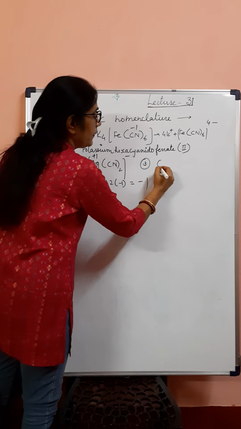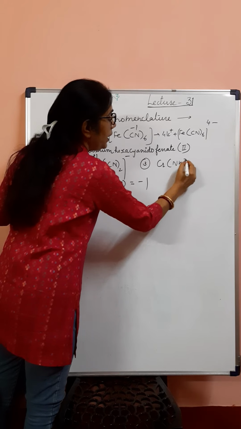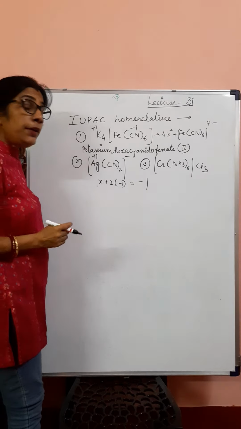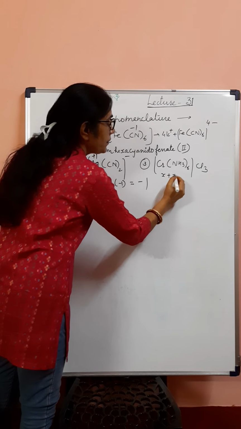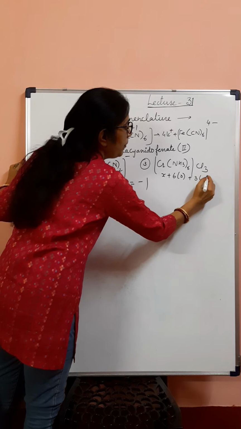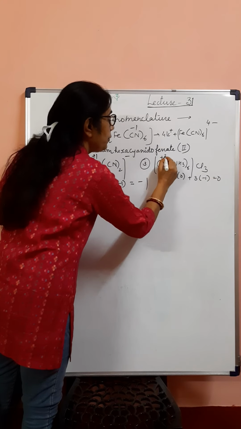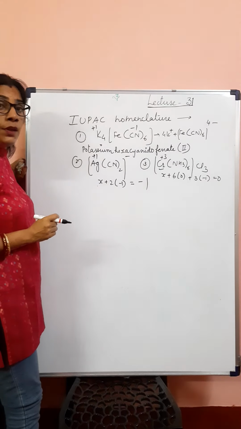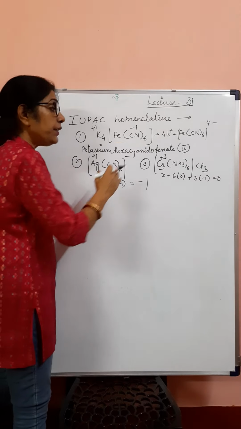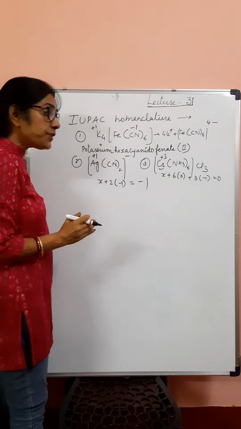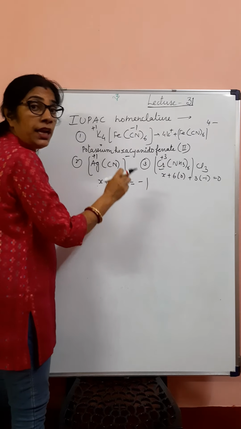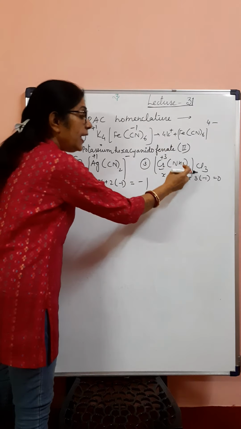Now, [Cr(NH3)6]Cl3. Now you see here X plus 6 into 0 plus 3 into -1 is equal to 0. Then chromium becomes +3. So how are we going to name this compound? Here no cation is there at the beginning. Directly we are going to approach ligands first. Hexaamine. Hexa because 6 ammonia; in amine, double m should be there.